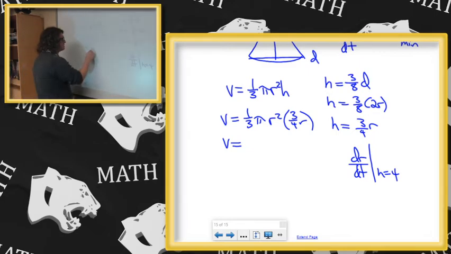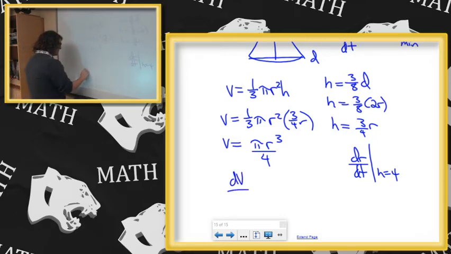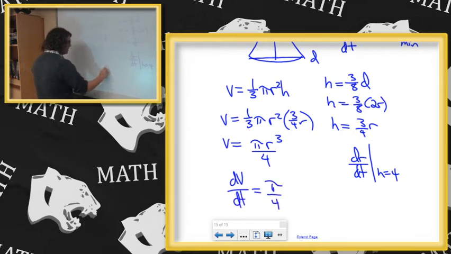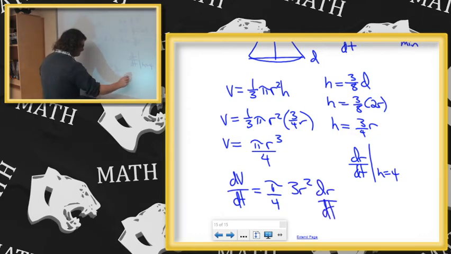So the 3 cancels out with the 3 there. We get pi r cubed over 4, I think. And then I'll take the derivative of both sides with respect to time. So dV by dt is equal to pi over 4 times 3r squared dr by dt.